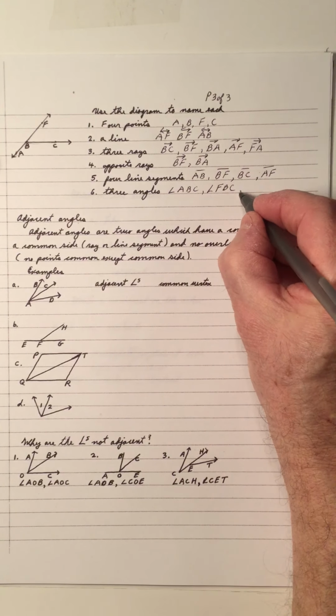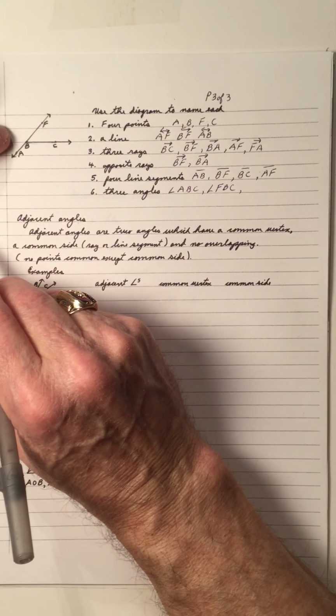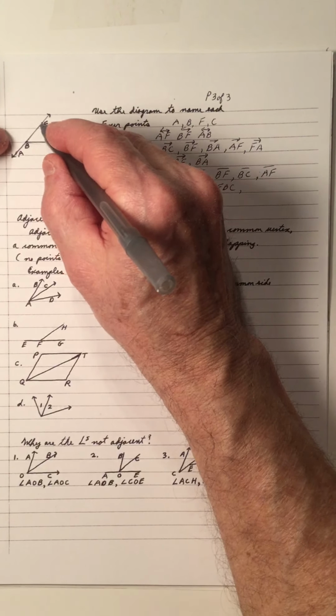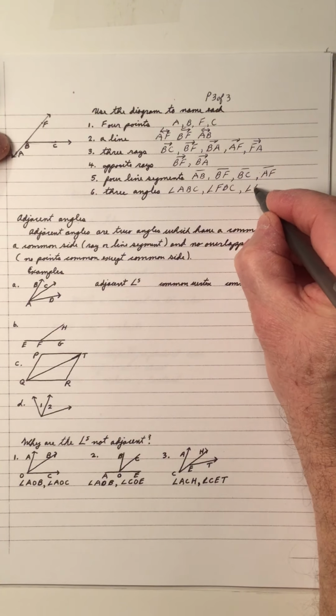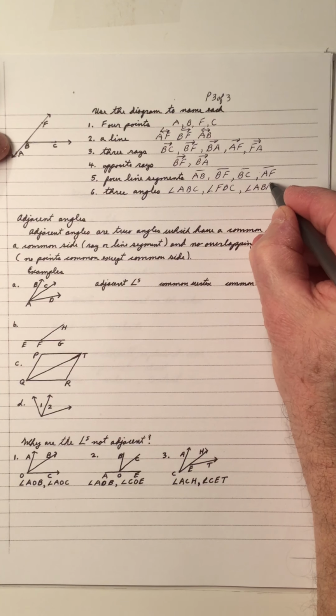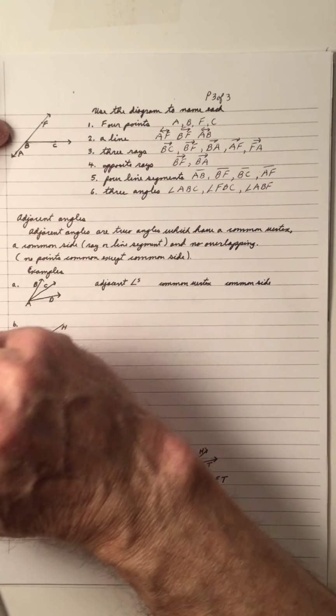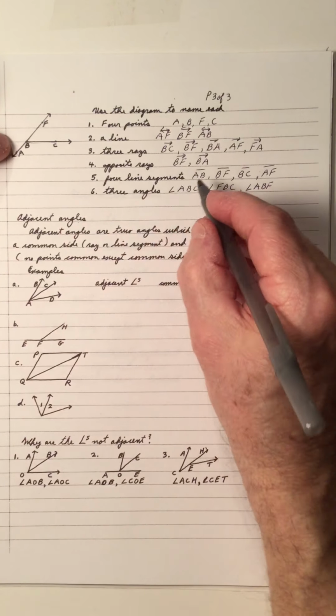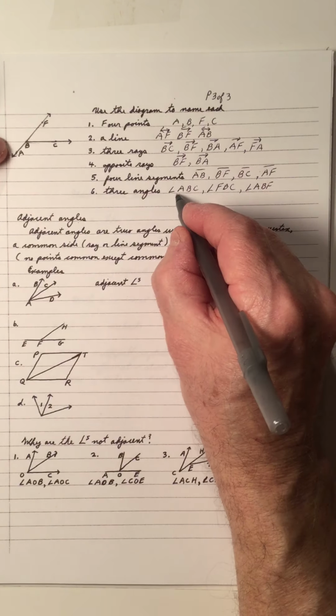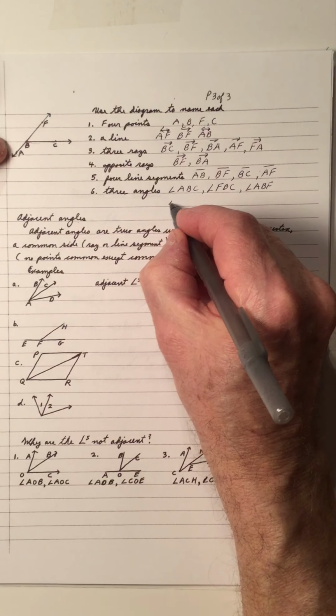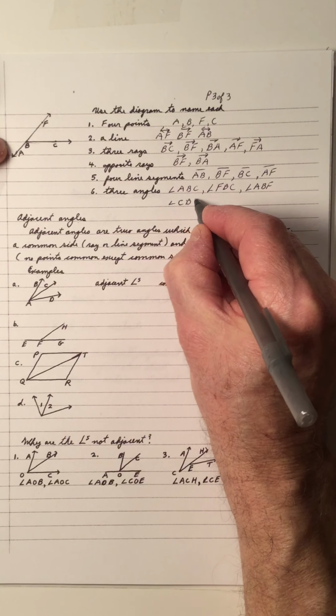Another angle could be, and I have this one, angle ABF. That's an angle, because B is the vertex in the middle. And we could also name the angle ABC. We could also say CBA.